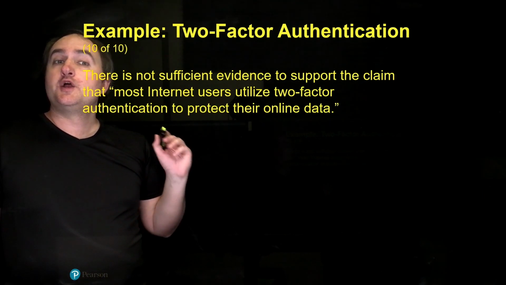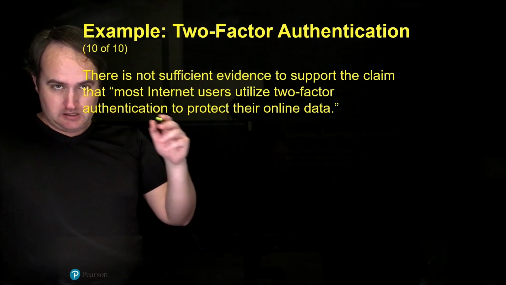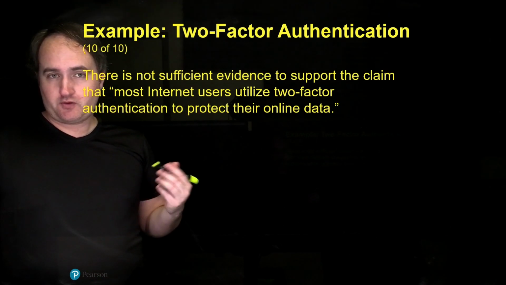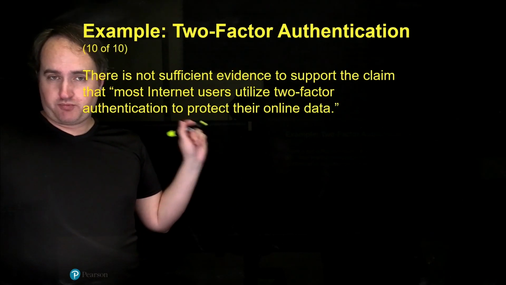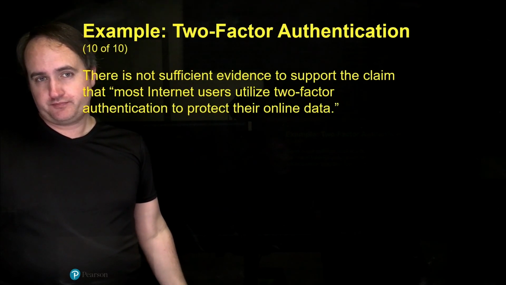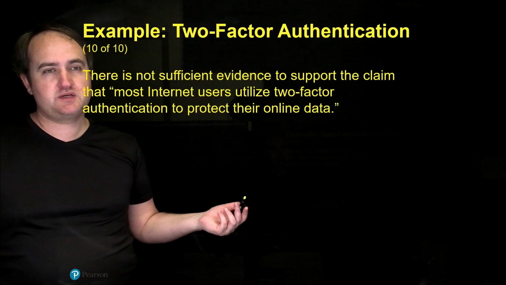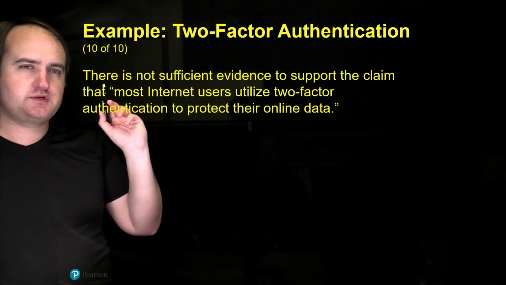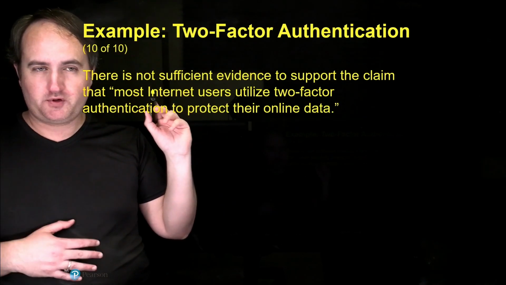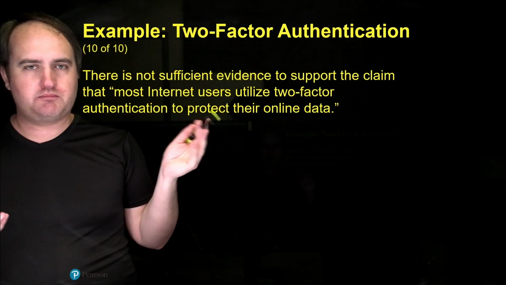Because we are not supporting the claim, I actually circled the null hypothesis, so there wasn't enough evidence to support the claim. So because there wasn't enough evidence to support the claim, we did not reject H naught, which means that in our conclusion, we just say that. Okay, so there is not sufficient evidence to support the claim.